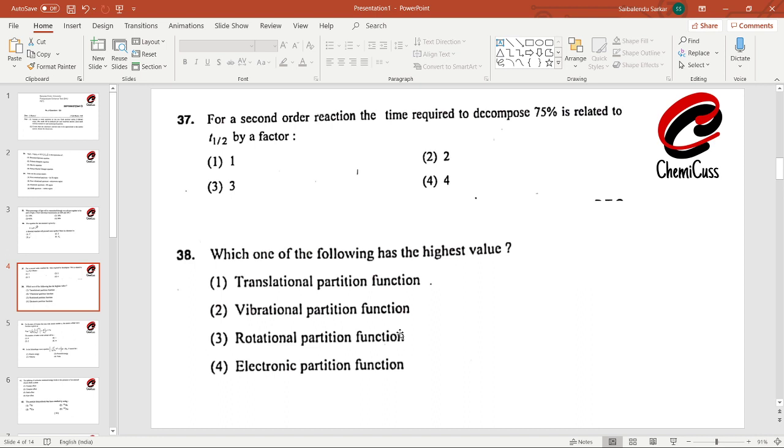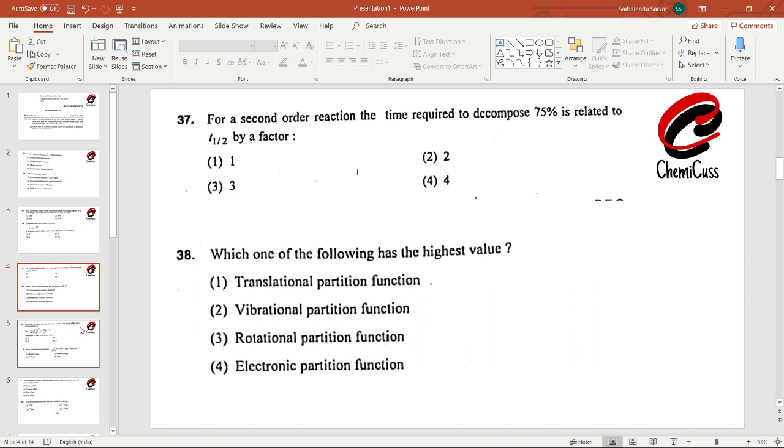We can tell by our basic knowledge of BSc, because we know that translation energy contributes the most among all of these. So we can just clearly, blindfolded, tell that for 38, option number 1 is the correct option, because the translational partition function as well as the translation energy will contribute highest to the total energy or the total partition function.